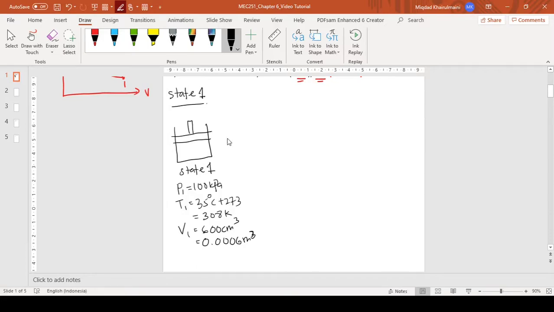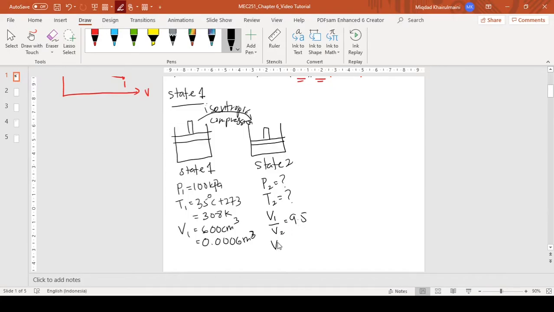And then we have state 2, which is the isentropic compression, so the piston has to go down. We don't know the pressure and we don't know the temperature, but we know the compression ratio V1 over V2 is 9.5, so we can calculate the volume at state 2.